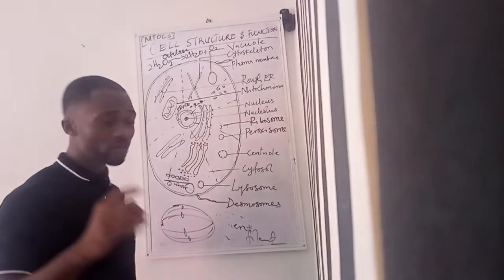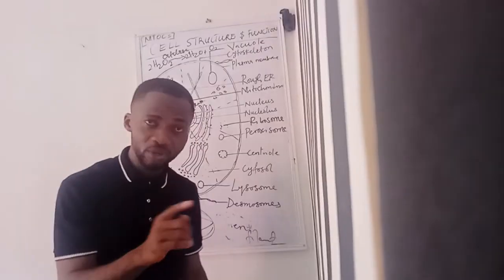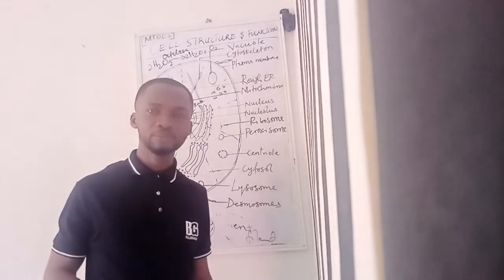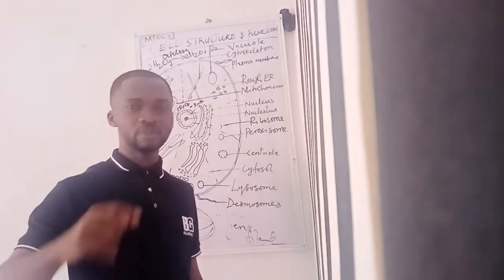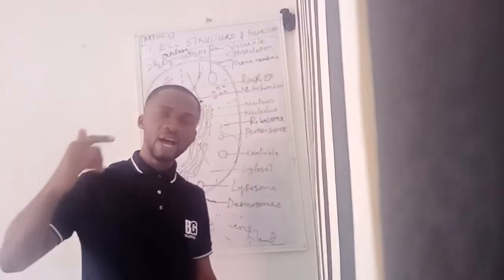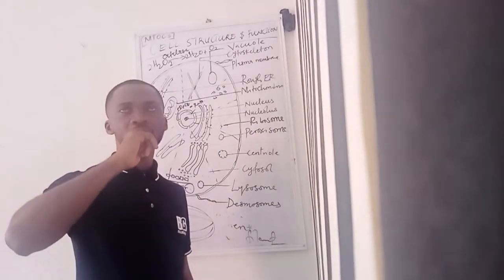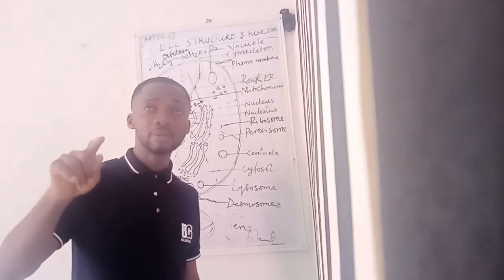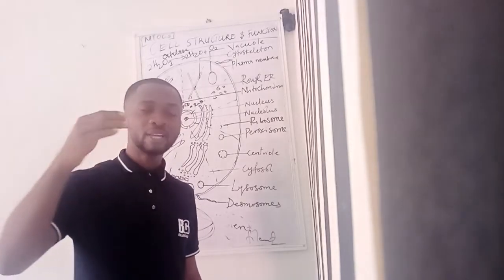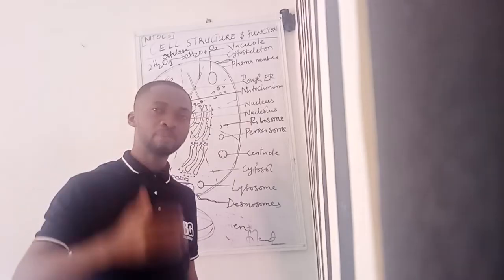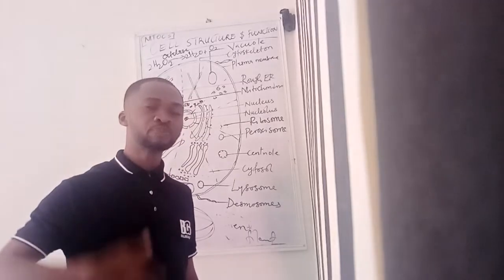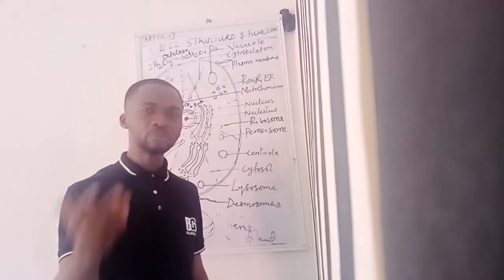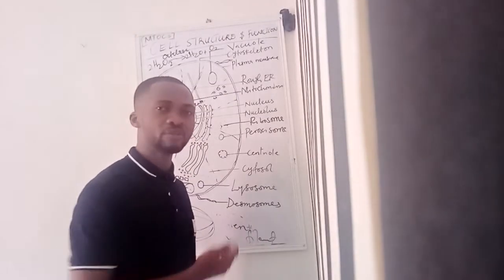Now, it is also important you know that this centriole is only found in the animal cell. You can't see centriole in the plant cell. Since you can't see centriole in the plant cell, the question now is how do plant cells produce their spindle fibers in place of centriole?